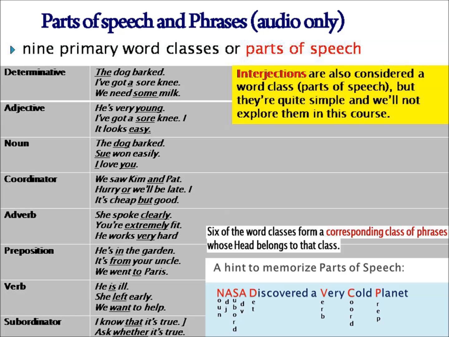Now, take this. The students got ready for the test. The subject, the students. What kind of a phrase is it? I have a determiner and I have a noun. Is it a determinative phrase or a noun phrase?